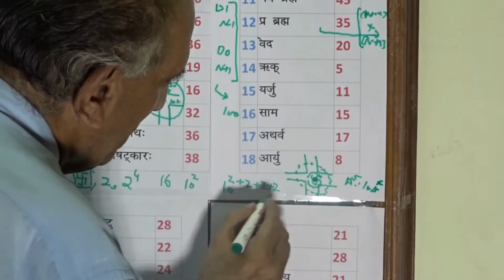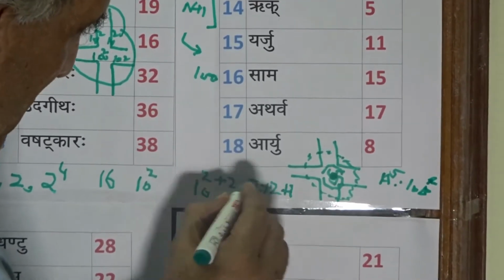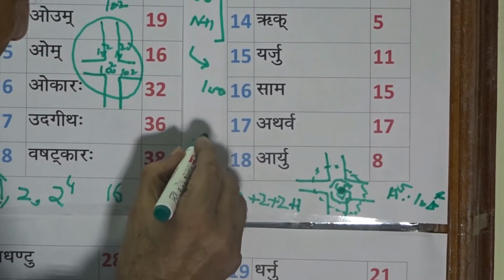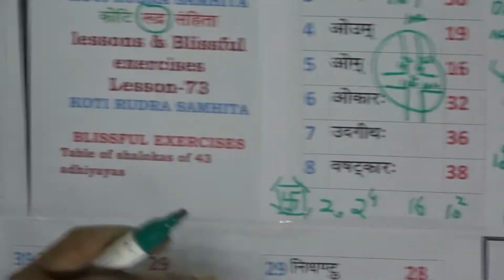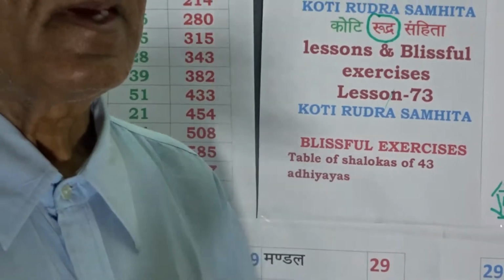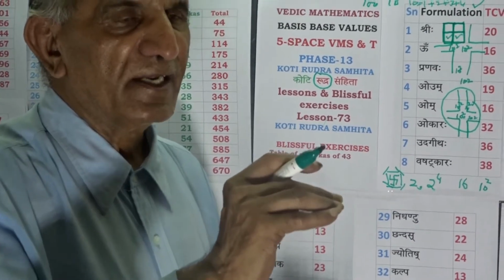Therefore, an additional value 1 is available to us, and we reach 10 raised to power 9. It is a very big step. It is a very big technique.